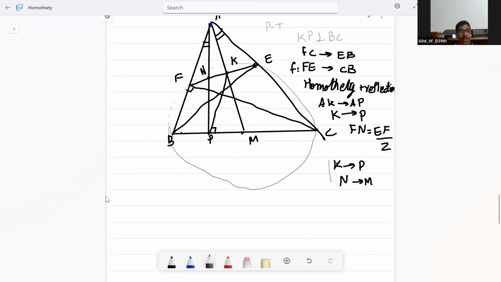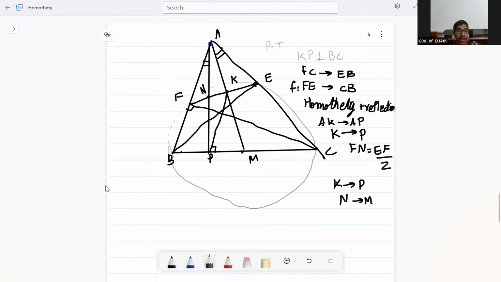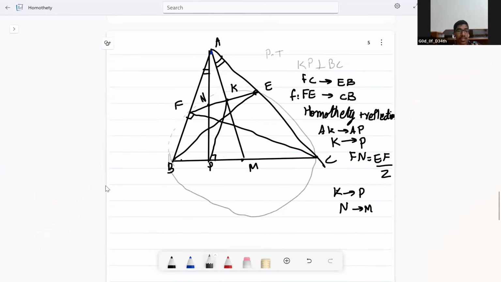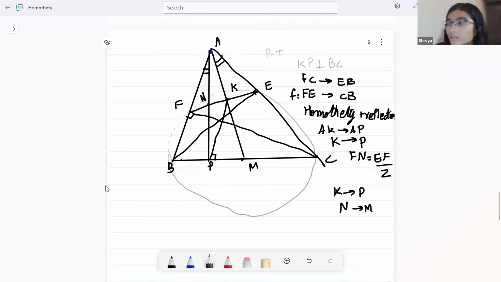So this is not true. If it is perpendicular, it need not pass through the orthocenter. For it to pass through the orthocenter, it must be collinear, and it is not necessary that AKF is 90 degrees. For K to lie on AH, it is not necessary that it should be 90.